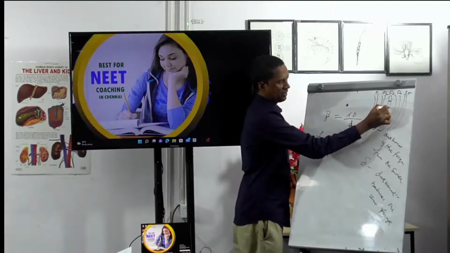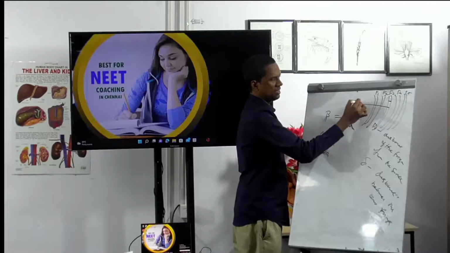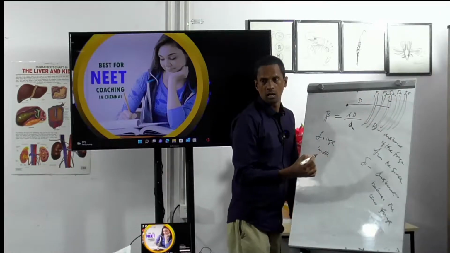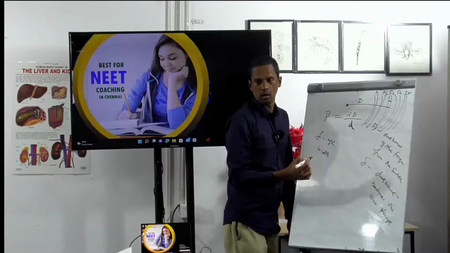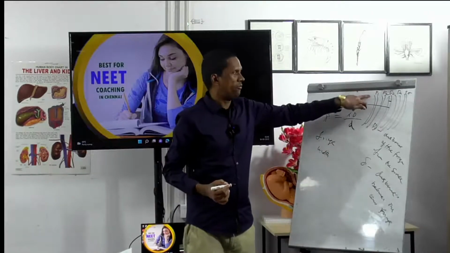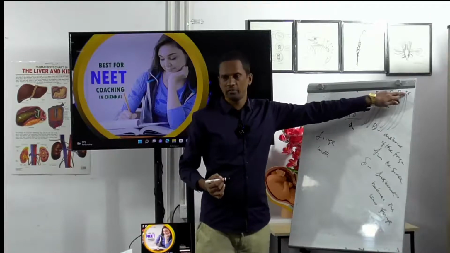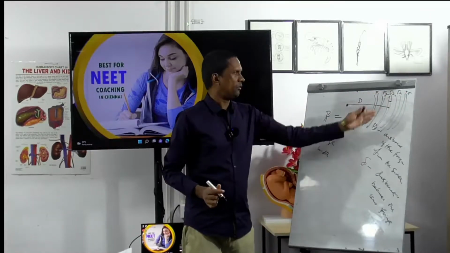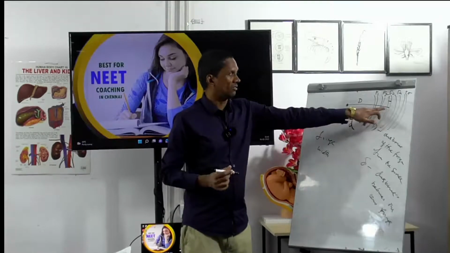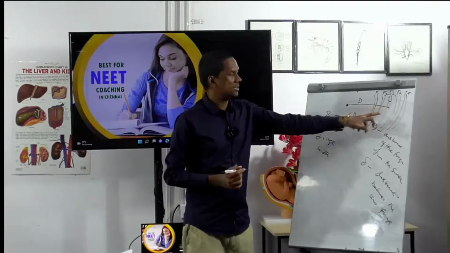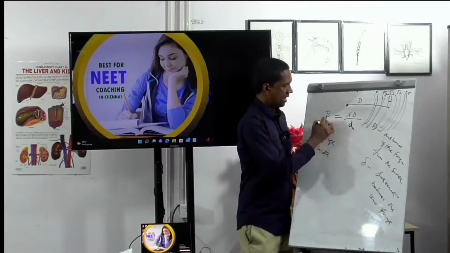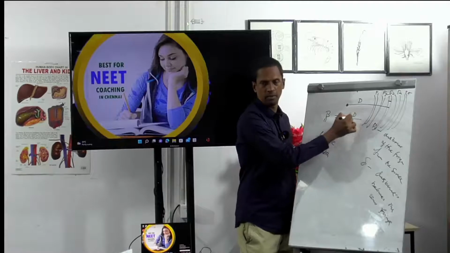Width of the fringe means this distance, beta is equal to lambda D by d.